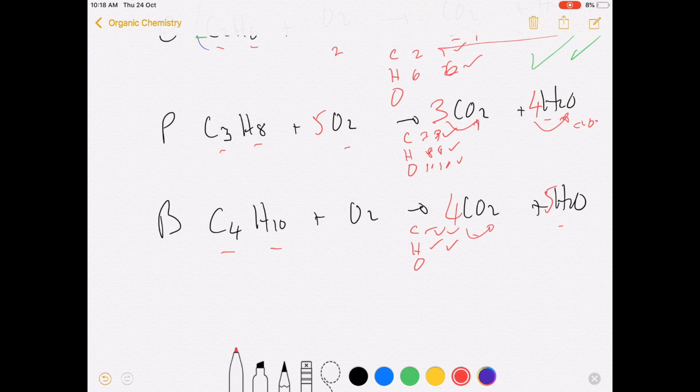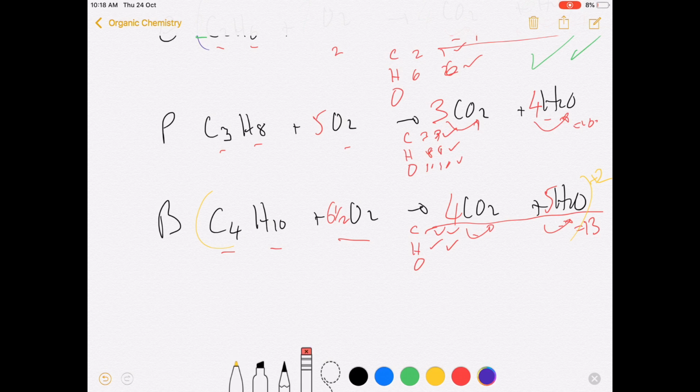Oxygen is 4 times 2, which is 8, plus 5 is 13 oxygens on this side, can you see that? And there are 2 there. So we're back with the same problem we had with ethane. We've got a fraction. So we're going to do the same thing again. We're going to double the whole thing.